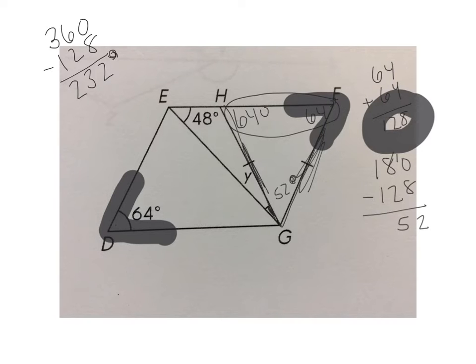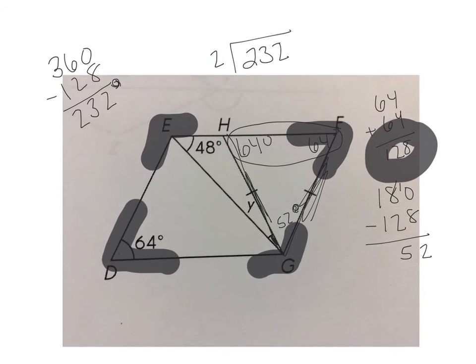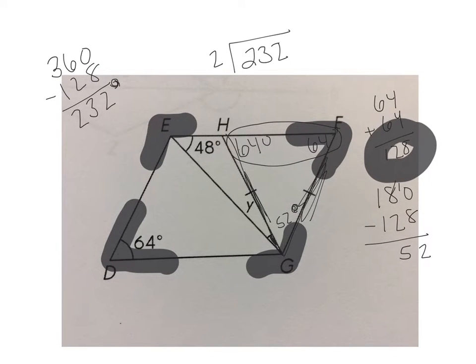Now that 232 degrees is split up among my other two angles. So that means it's going to be the measurement of EGD and DE, I guess I can call that DEH. So my 232 degrees is going to be divided among those two angles. And if I do my math, I would be left with 116 degrees.